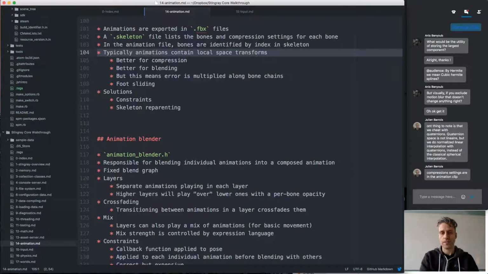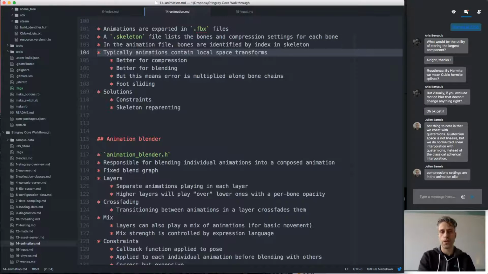So there are two options for storing transforms. You could use local transforms, where you store the transform relative to the parent node, or you could use world transforms. If you use world transforms, the rotation of the wrist would change just by rotating the elbow, even though the wrist itself hasn't moved with respect to the elbow.